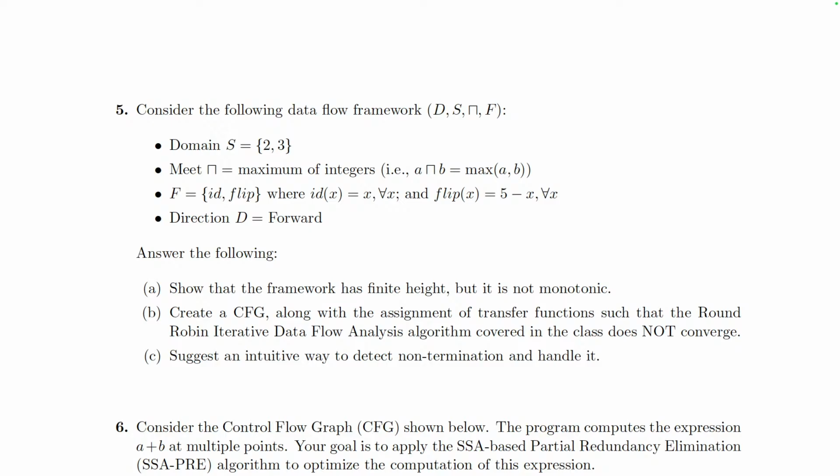Suppose you end up having some analysis where it is really not possible to reach a fixed point, where it is not possible to reach a solution and saturate. What do you do? Again, intuition. So basically you use some counter, you put a timeout.